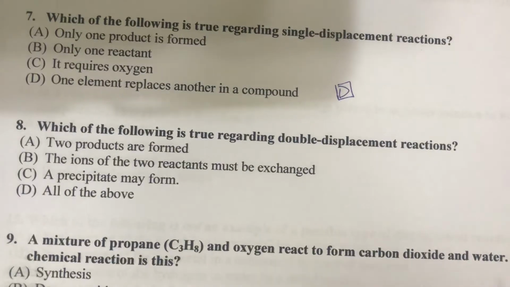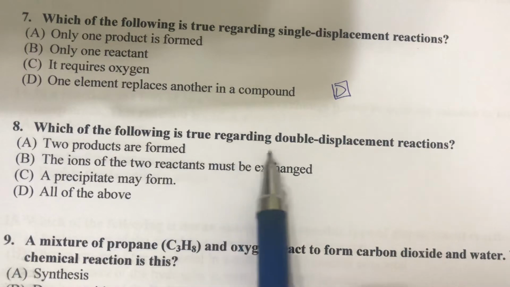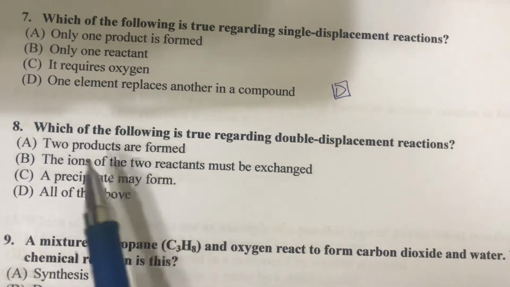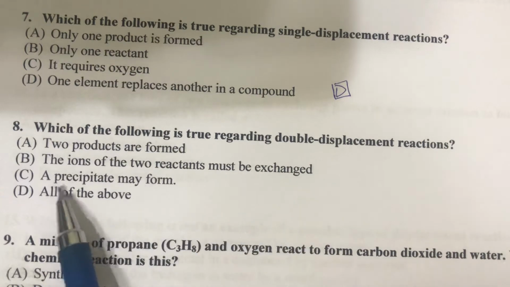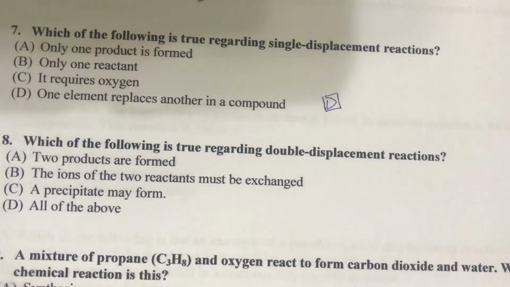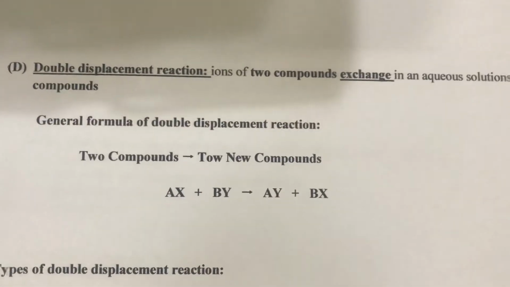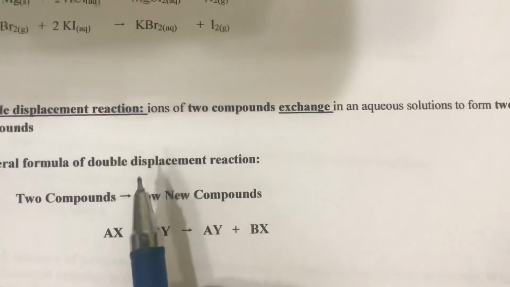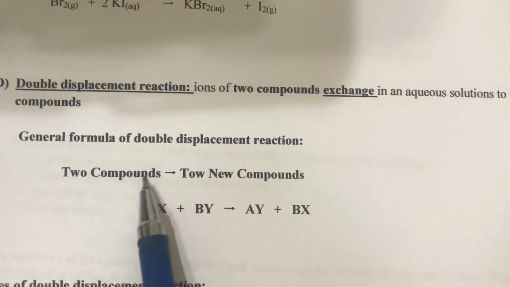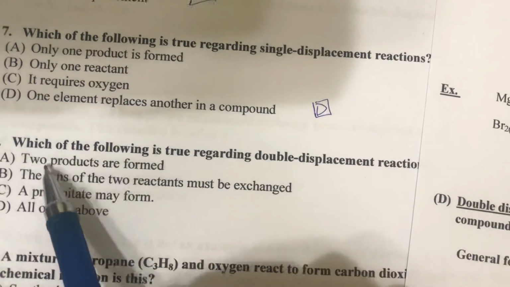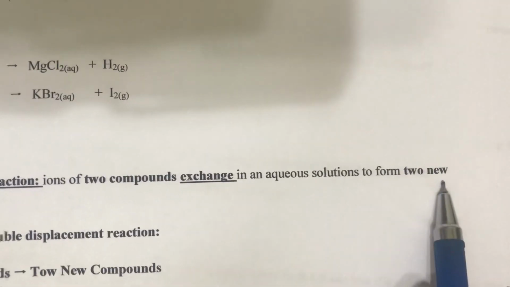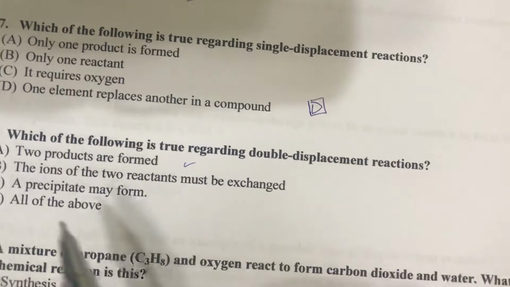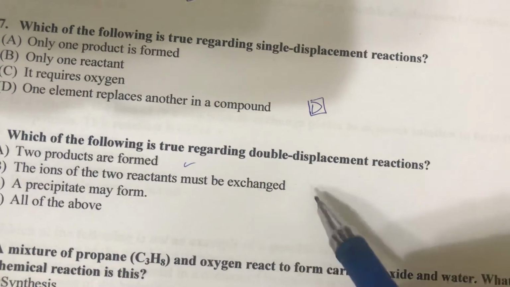Now question 8. Which of the following is true regarding double displacement reactions? Two products are formed, the ions of two reactants must be exchanged, a precipitate may form. In double displacement reactions the reactants are two compounds and the products are two compounds. So two products are formed, yes. The ions of two compounds exchange in an aqueous solution to form new compounds. So the ions of the two reactants must be exchanged, yes.